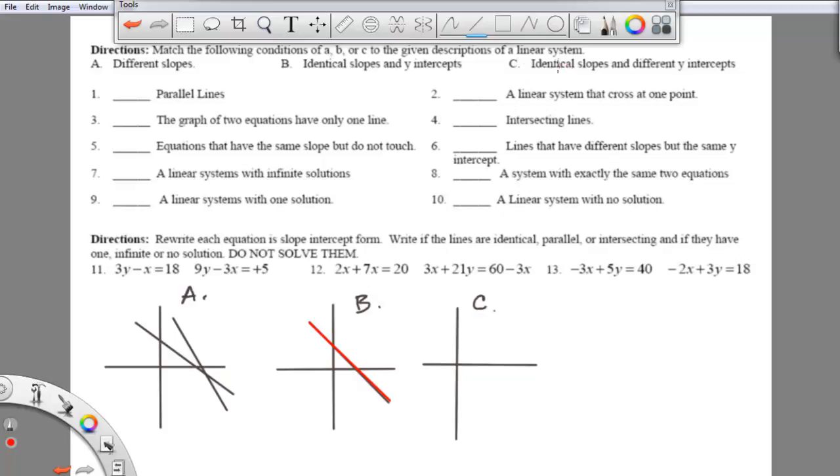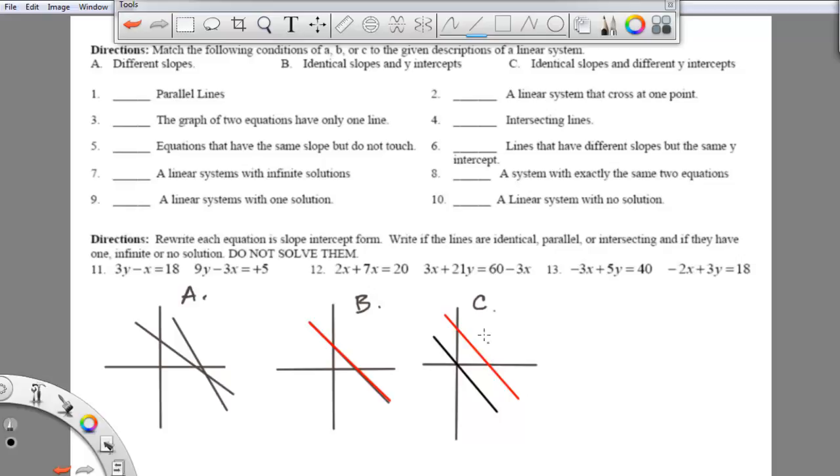The third case is where we have identical slopes and different y-intercepts. Let's say line A may have a negative slope and it crosses the y-axis here, and then we have another line that has exactly the same slope, but it crosses the y-axis in a different spot.